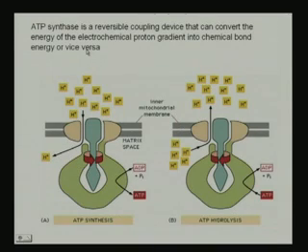Now, if we see, this is the ATP synthase, this is the F0 form, this is the F1. When we look at the proton concentration, the gradient outside, in the intermembrane space, is more than in the inner matrix.